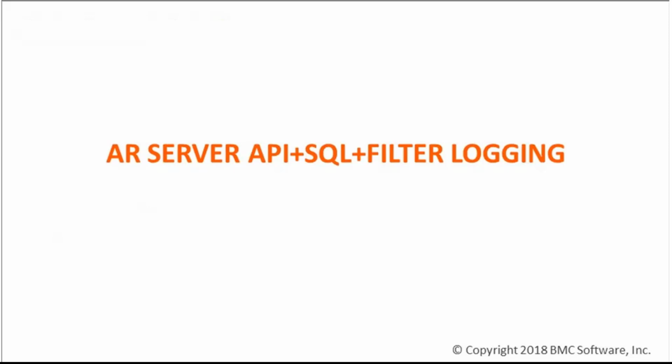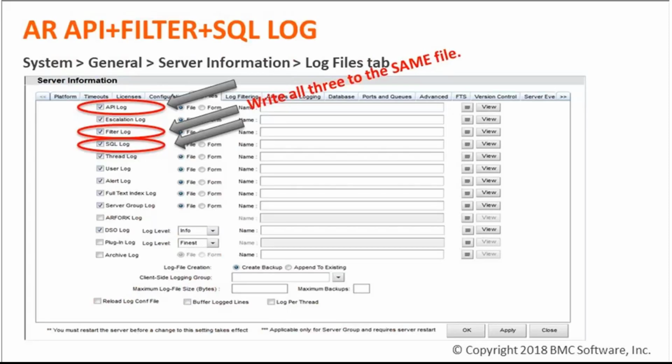So getting on to the AR API SQL filter logging. We're moving on to the third tier, so to speak. The first being the client, browser, Fiddler. The second one was the mid-tier, and the third one is your AR server. Usually, unless we think we're having issues with threads, AR server fast list, and other threads, we have customers turn on API, SQL and filter logging, and recommend that they write all to the same file.